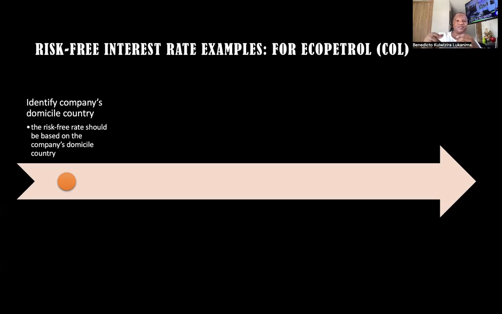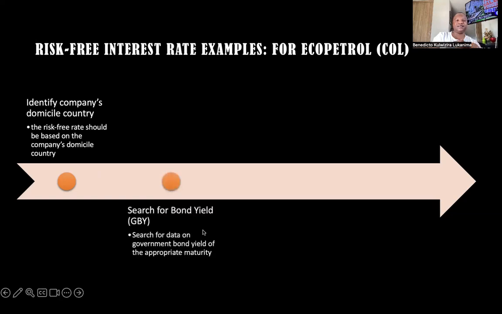So its cost of equity does not simply depend on expected market return and the relationship between its stock prices and portfolio returns in the market, but also what is going on in each country. So we know the country will be Colombia.